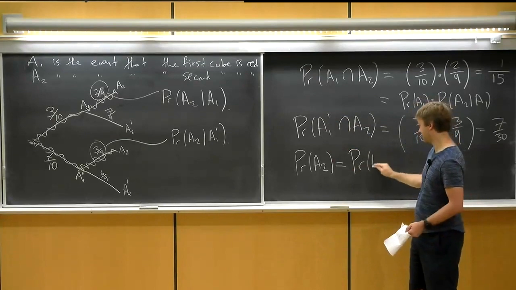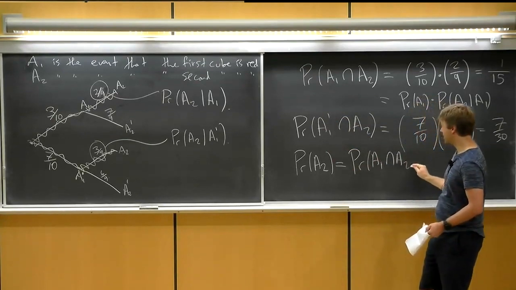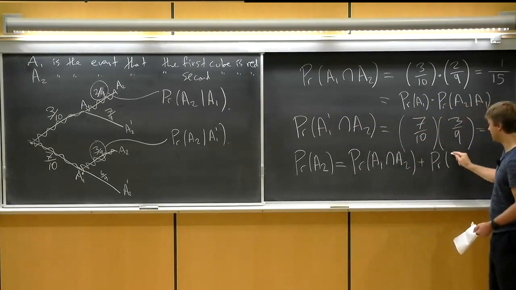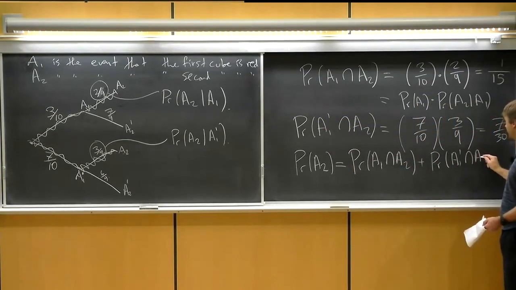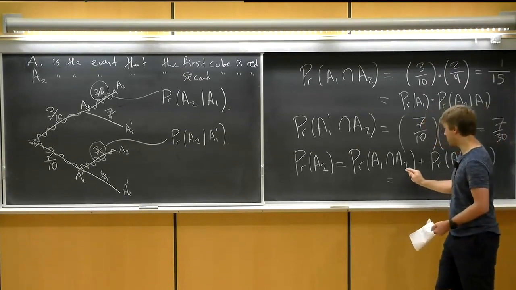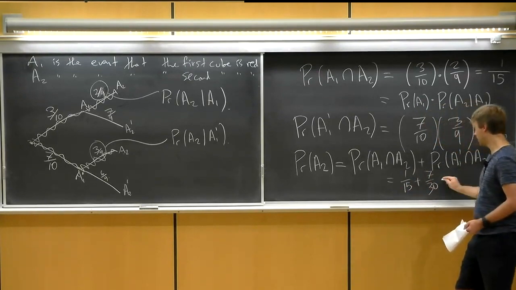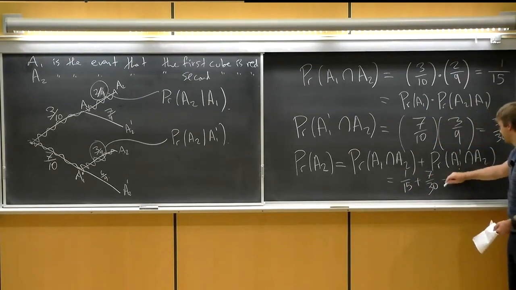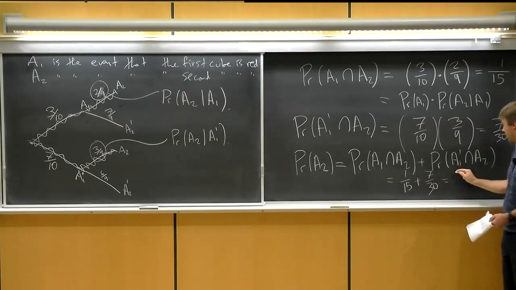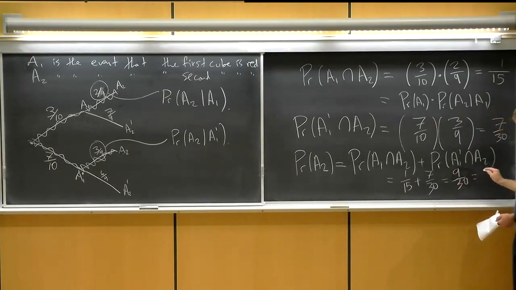So it should be the probability of A1 intersect A2 plus the probability of A1 prime intersect A2, which we already computed as 1/15 and 7/30, which is 9/30, which is 3/10. And that's exactly what I was hoping to get, right?